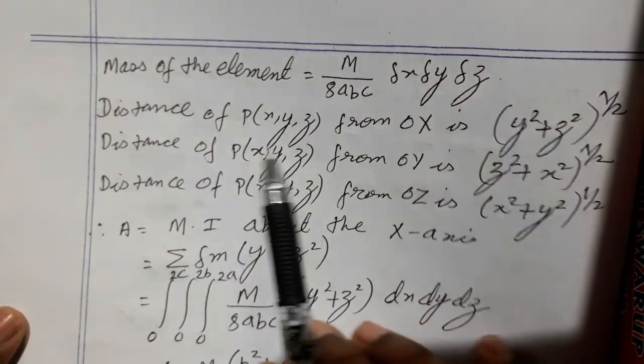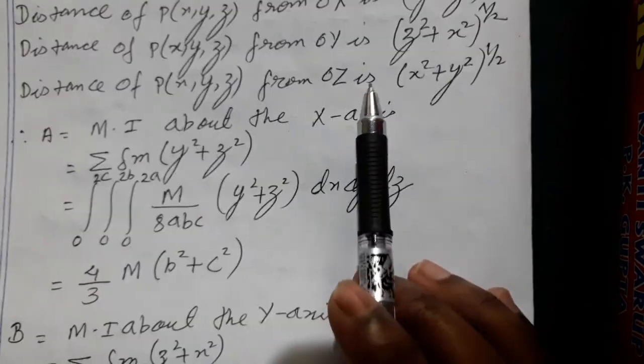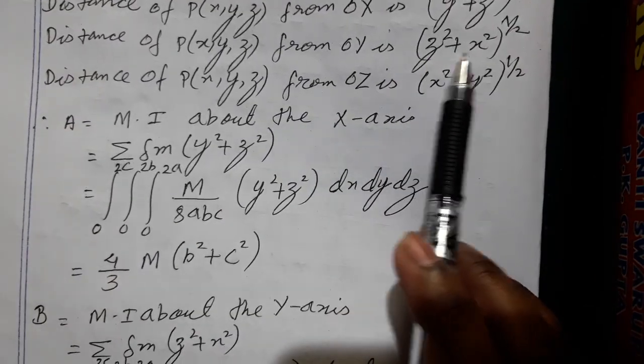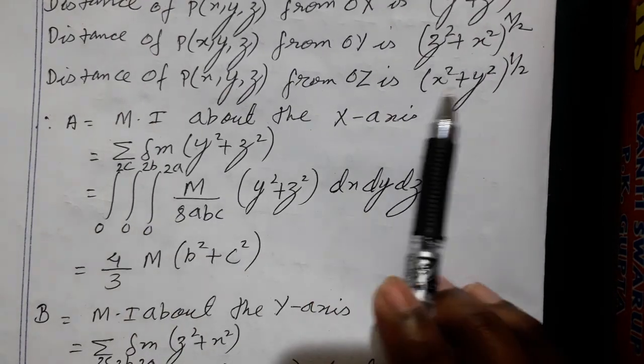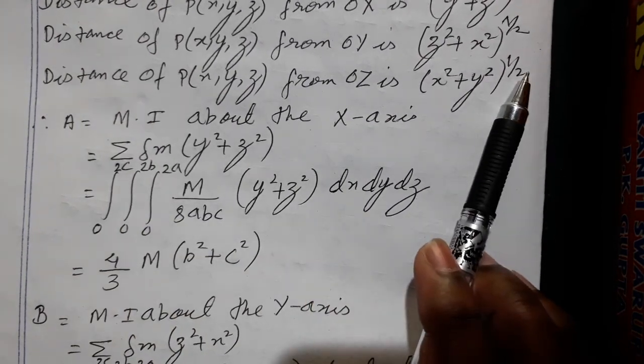The distance of the point P from OX is (y squared plus z squared) to the power half, from OY is (z squared plus x squared) to the power half, and from OZ is (x squared plus y squared) to the power half.